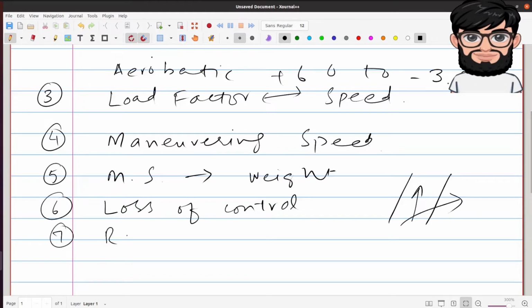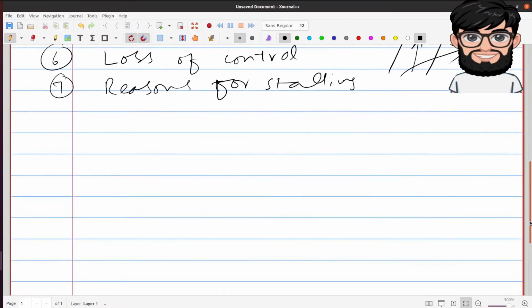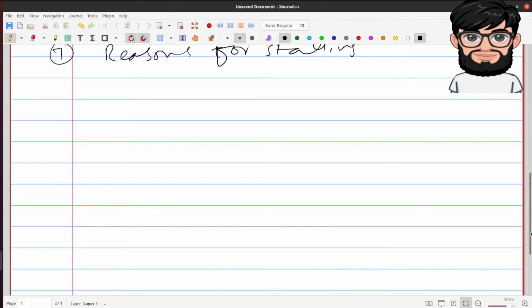Then the reasons for stalling, we wanted to cover that. So always remember that the direct cause of every stall is an excessive angle of attack. Kind of very nerdy. We know that when the speed is less, it's going to stall, but even at higher speeds the plane can stall.